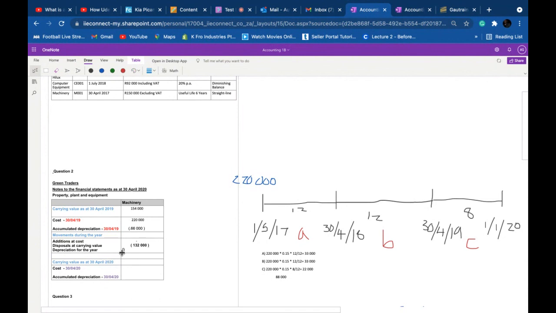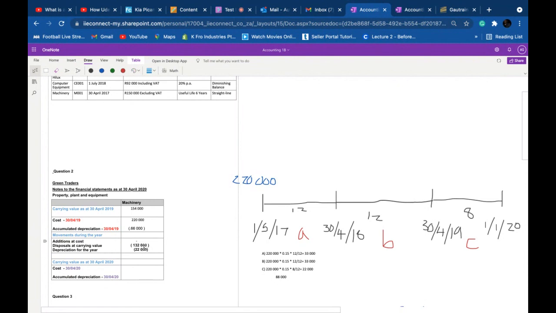And then here, we're saying what was the depreciation for the year? It was that 22 that we calculated for C. Okay, so 22.